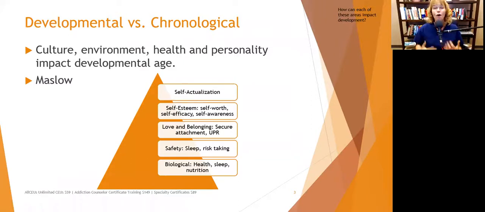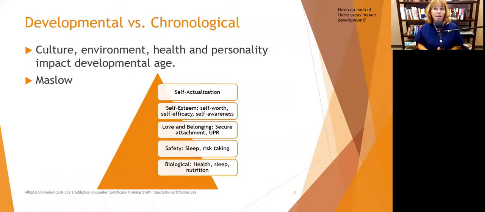So we want to look at what the child is expected to be doing based on how old they really are, because chronological age is the time from birth and developmental age is what they're actually doing.